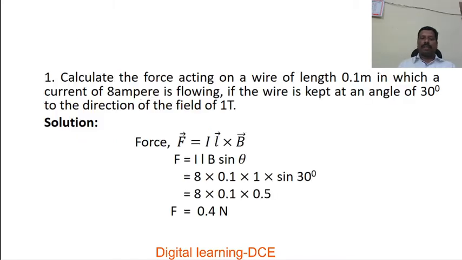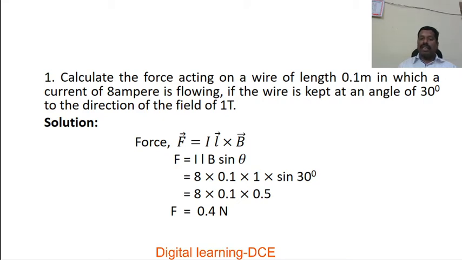Ampere's law. First problem: calculate the force acting on a wire of length 0.1 meter in which a current of 8 ampere is flowing if the wire is kept at an angle of 30 degree to the direction of the field of magnitude 1 Tesla. Once again, I am going to repeat the problem.